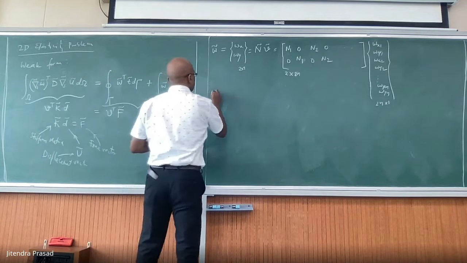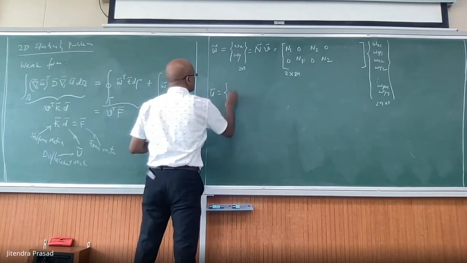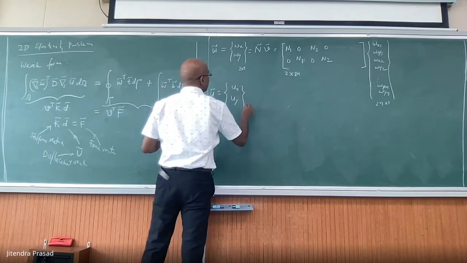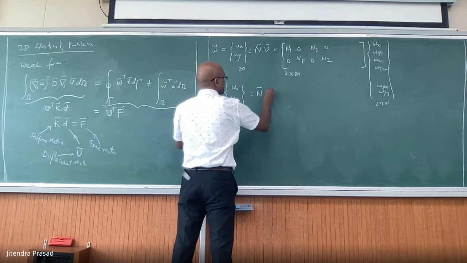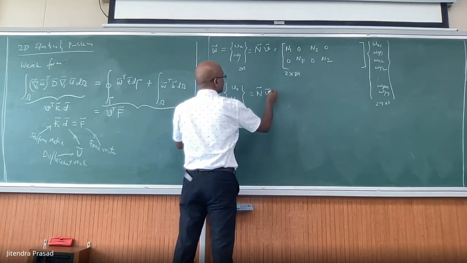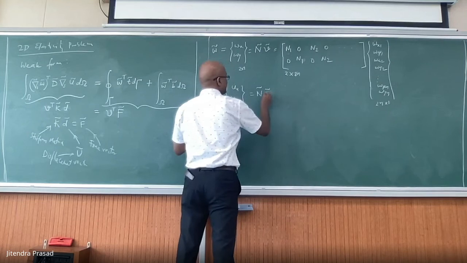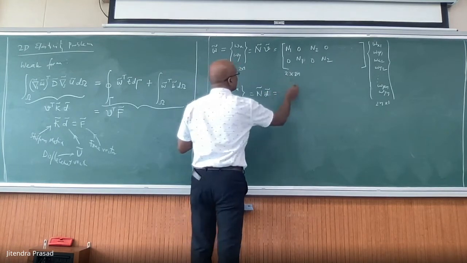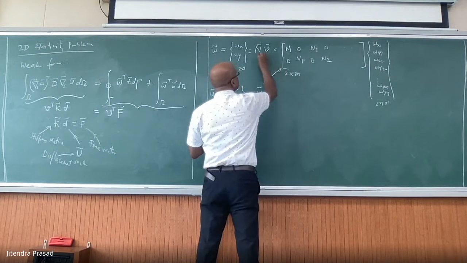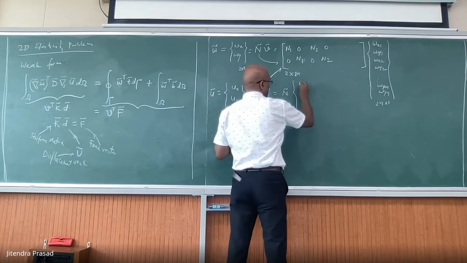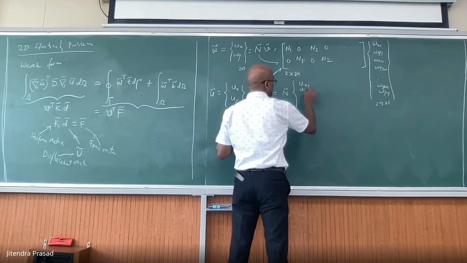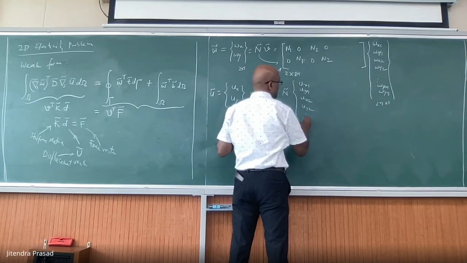Similarly, u we write the same way: ux, uy is equal to N multiplied by d, where d is ux1, uy1, ux2, uy2, up to uxn, uyn.